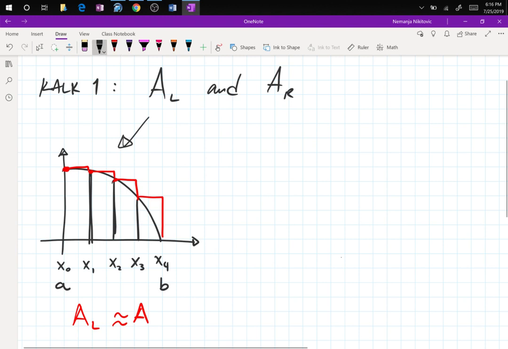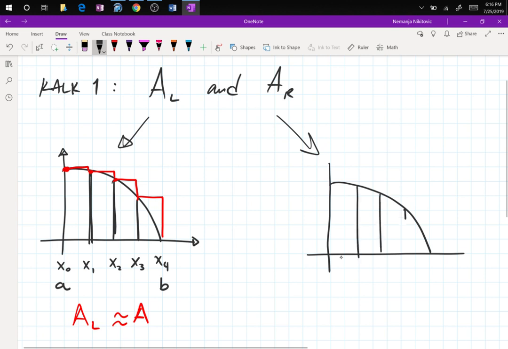You also had area to the right, and that was also in Calculus 1, where you had the same picture, the same function. You also made these cuts into 4 rectangles. You can put as many rectangles as you want. x0, x1, x2, x3, x4 was the partition on the x-axis.